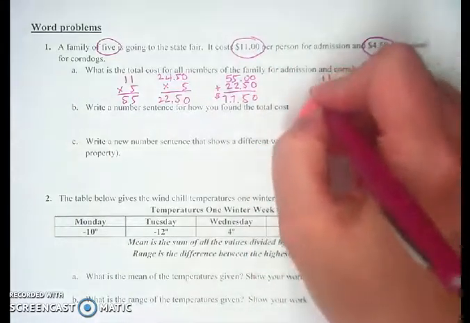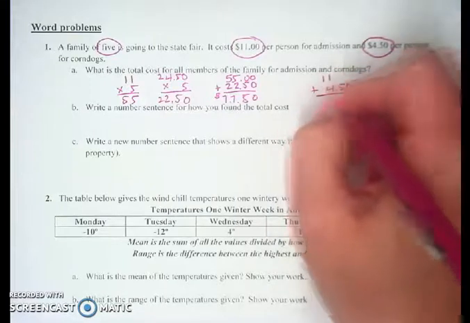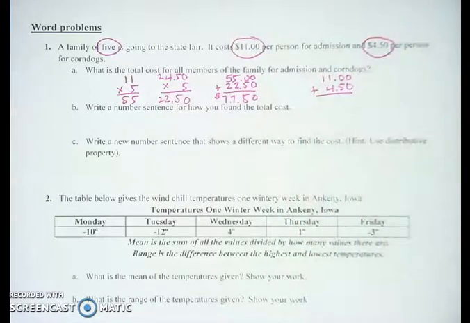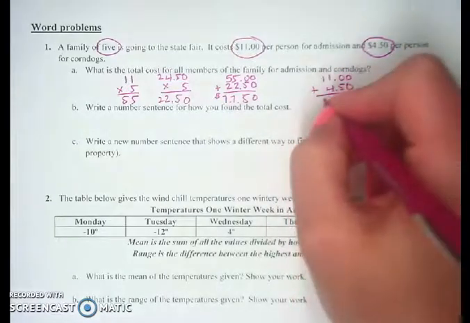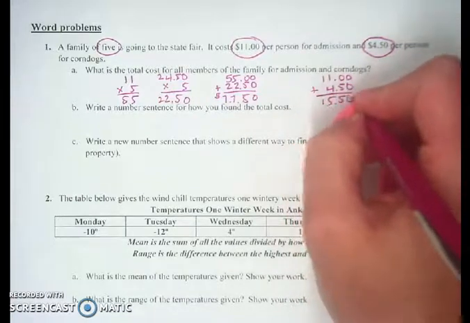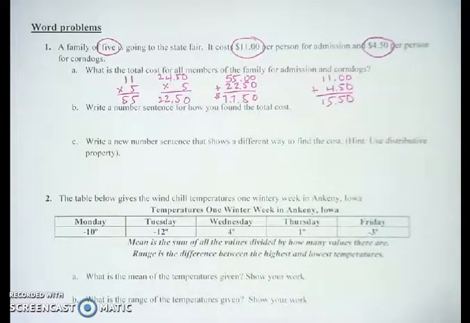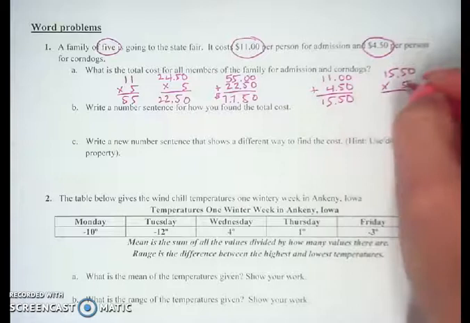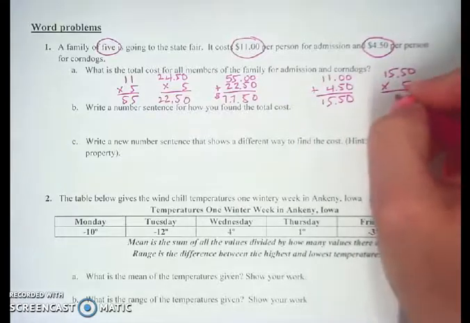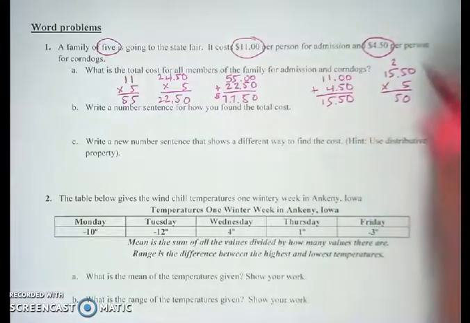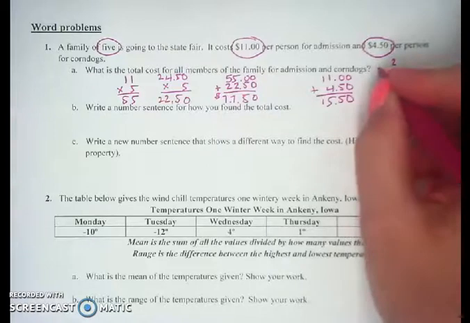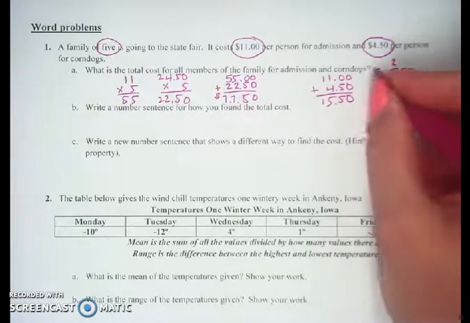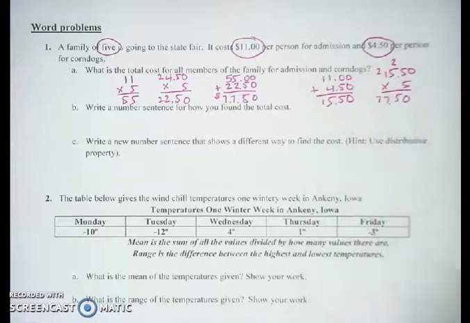Same thing if I added them together first. So 11 plus $4.50, when I add, that's where I have to line up my decimal places. So if it was $15.50 for the admission and corn dog for each person, if I take $15.50 times 5, 5 times 0, 5 times 5, 25. 25 plus 2 this time, and then 5 plus 2 more is 7.